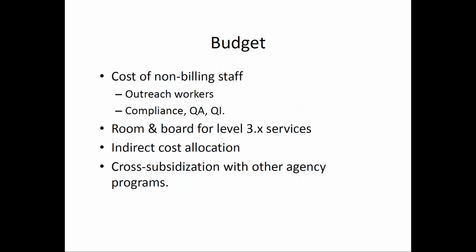In addition, you want to look at the cost of non-billing staff: outreach workers, compliance, quality assurance, director, clinical supervisor, etc. Room and board, as I mentioned, and your indirect costs per the OMB uniform guidance. And then something to consider is the extent to which some of your costs may be subsidized or subsidizing other agency programs.